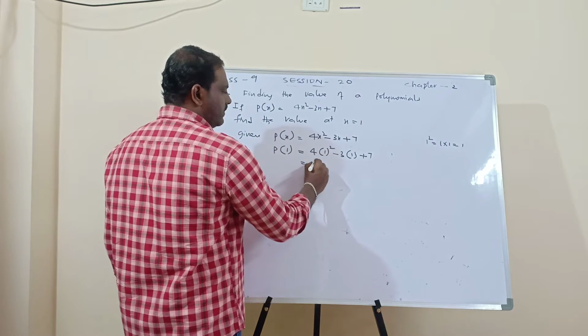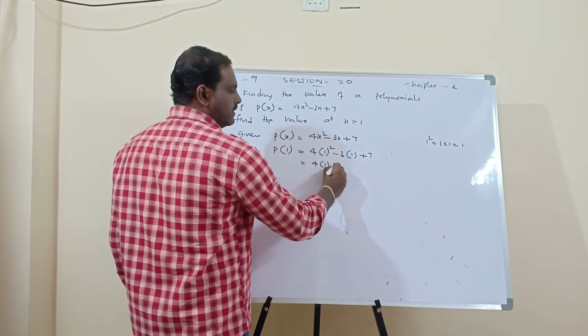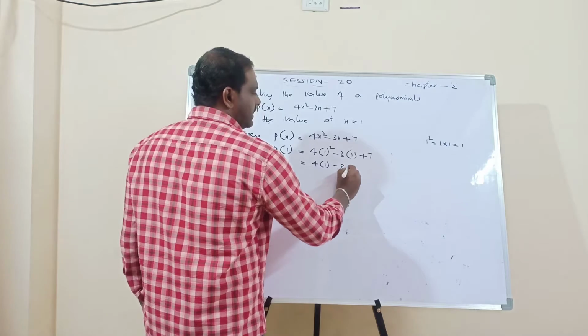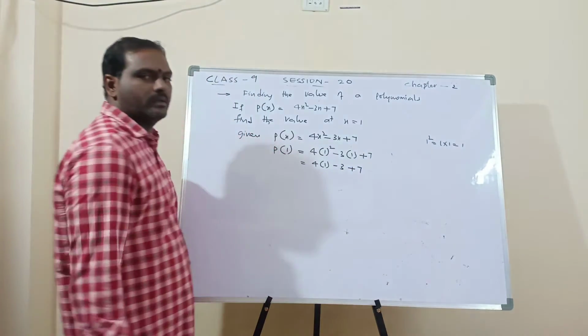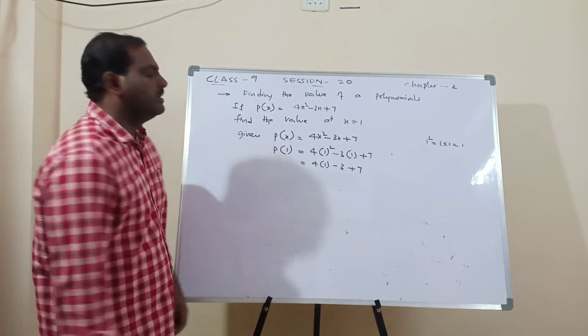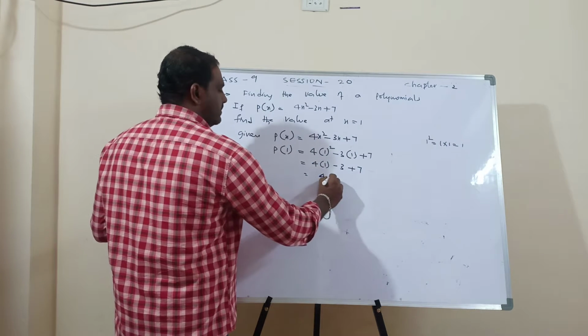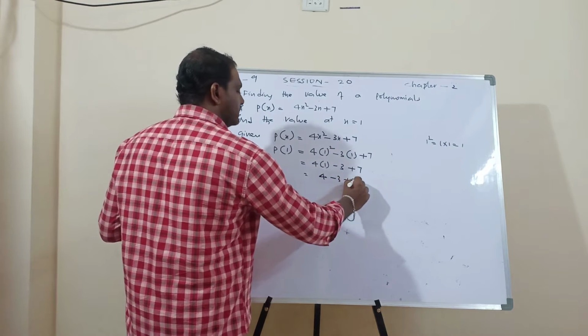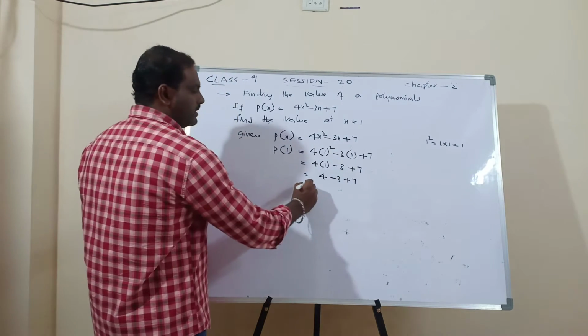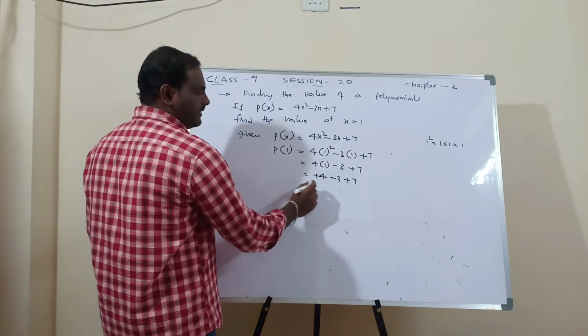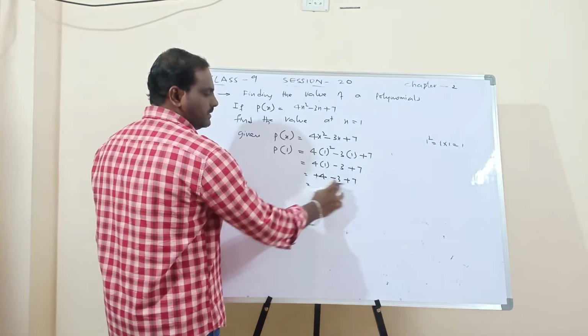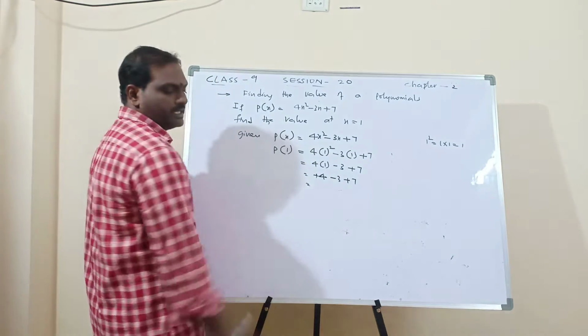So 4 into 1 minus 3 plus 7. How did I get 3? 3 into 1. Now 4 into 1 is 4, minus 3 plus 7. How to simplify it? First we take these two, plus 4 minus 3.